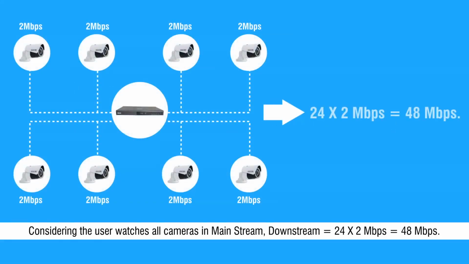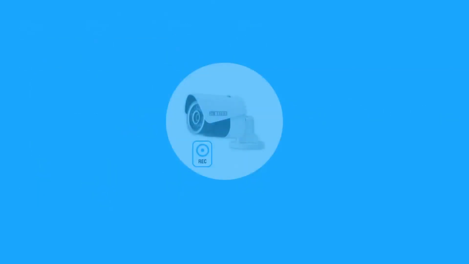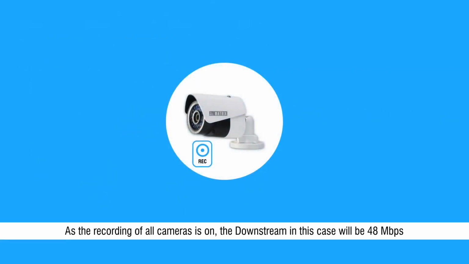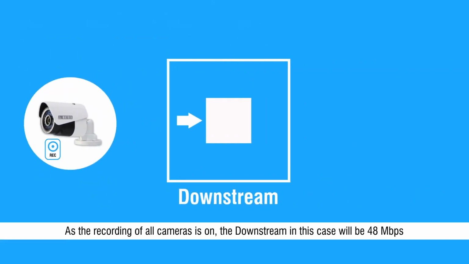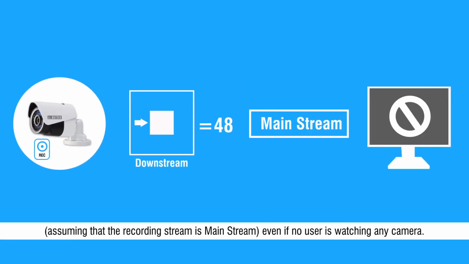Considering the user watches all cameras in mainstream, downstream is 24 into 2, that is 48 Mbps. As the recording of all cameras is on, the downstream in this case will be 48 Mbps, assuming that the recording stream is mainstream, even if no user is watching any camera.